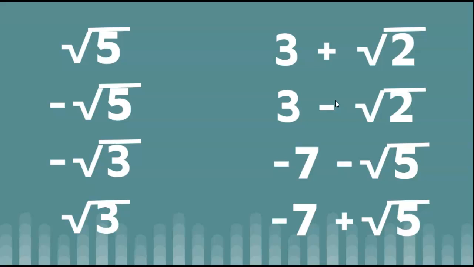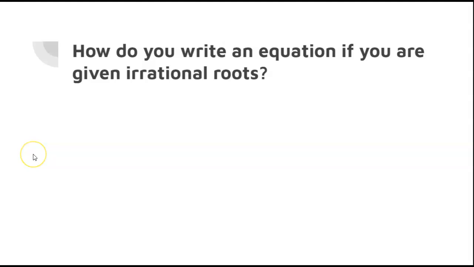Remember, x-intercepts exist for irrational numbers. You would be able to see on the graph where 3 plus the square root of 2 crosses the x-axis. But imaginary roots do not show up on the graph because where it crosses we don't have the imaginary numbers on the graph.